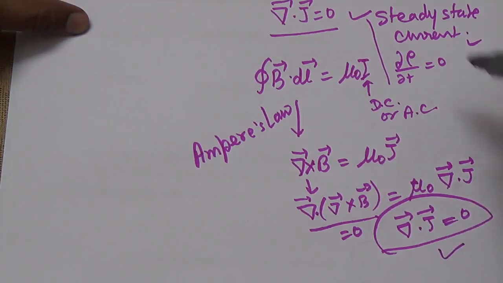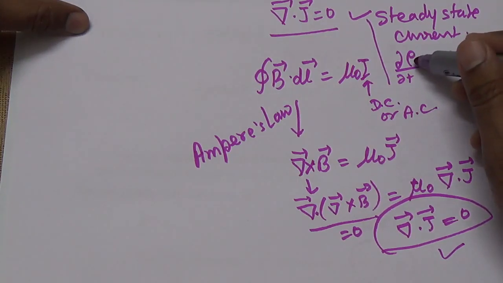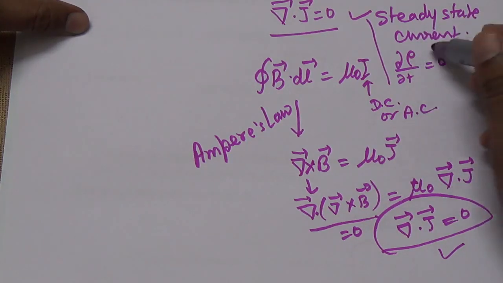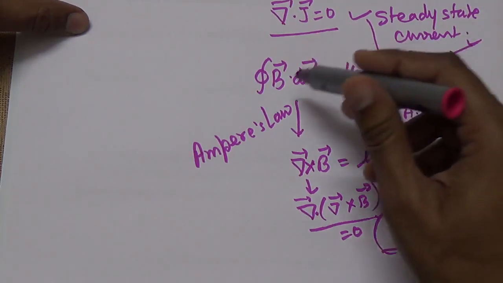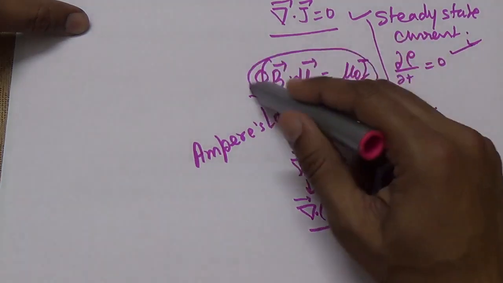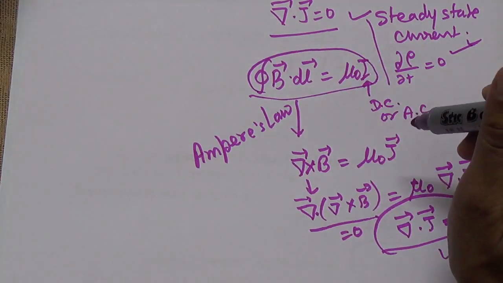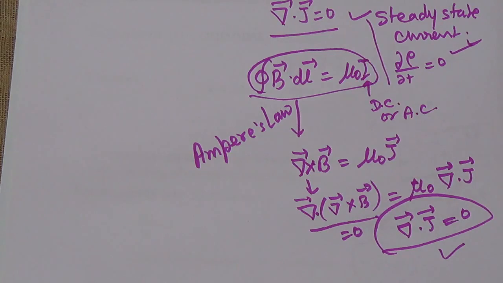This result we have seen through the continuity equation, when charge density is related to the steady state current. So it means this law is valid only for direct current. Ampere's law is valid only for direct current.